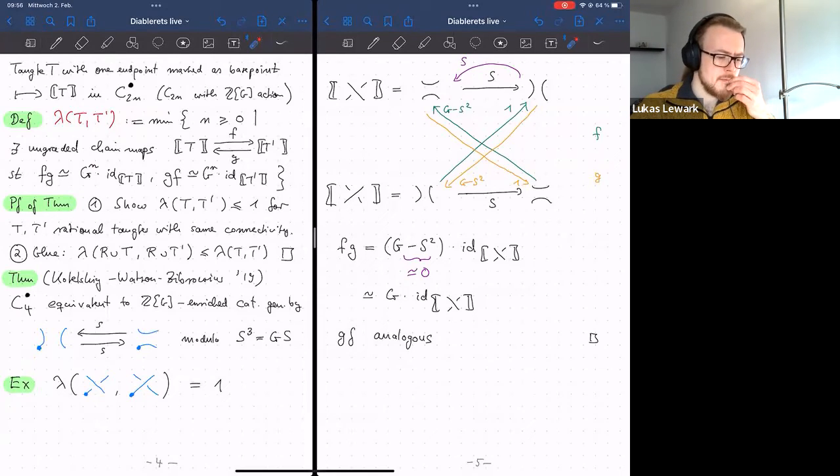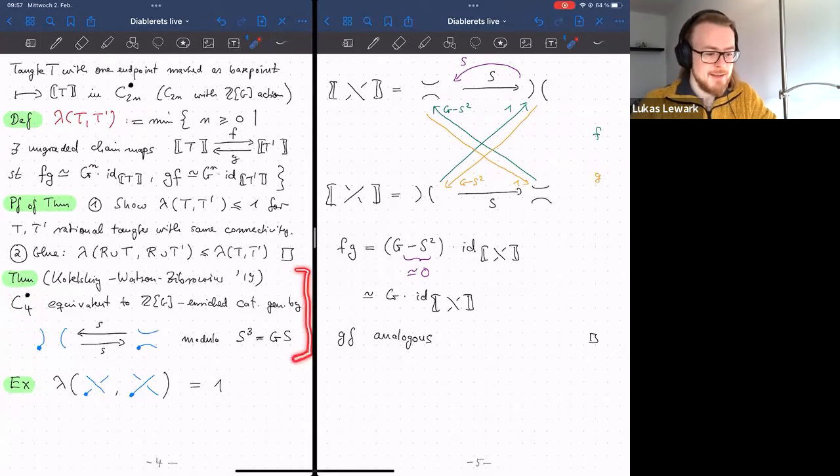And maybe it's not exactly a question for you, but is there an analogous theorem from Kotelskiy, Watson, Zibrowius for, say, C6 or C2n? No, I don't think there is yet, but I think this is something at least Claudius is interested in. So let me tell you a little bit more about the theorem. The reason they're interested in this C4 explicitly is because they don't stop here.